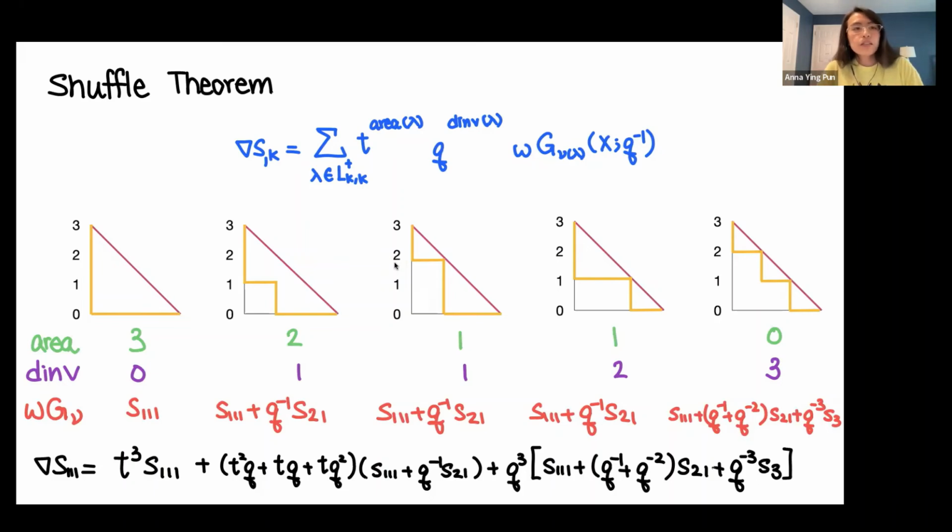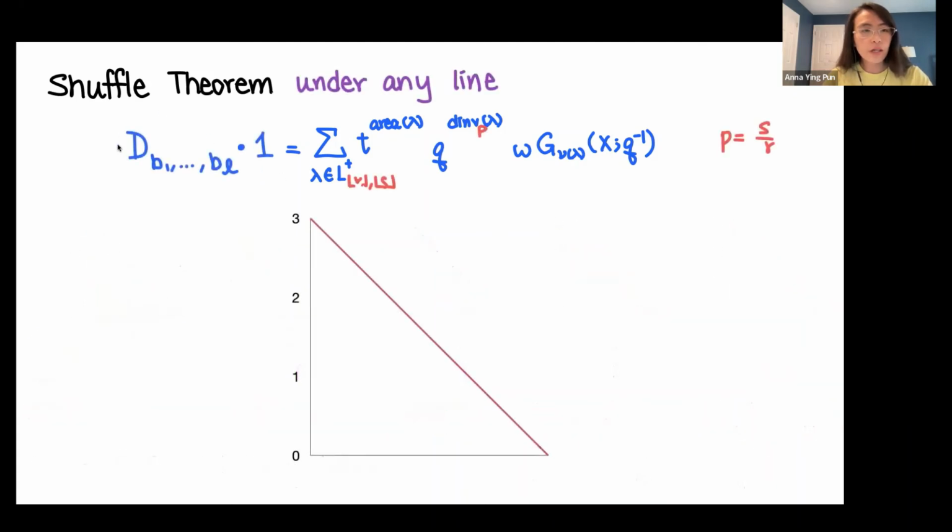To give you an idea of what the CAT can do, remember this slide with the shuffle theorem and all these things? So we generalize, and we have some elliptical algebra thing adding on a 1. So instead of adding on any line like this, you can shift it to any slope that you like, any negative slope that you like. We just change the combinatorial side a little bit, and then we get a formula.